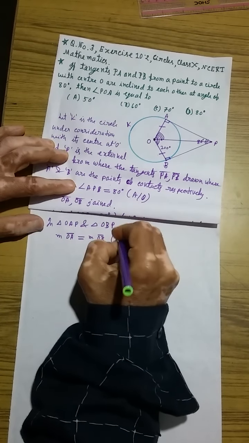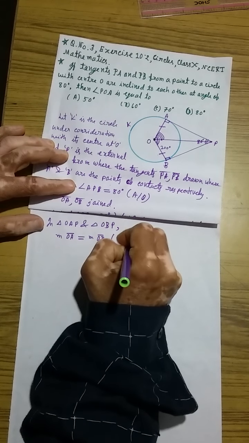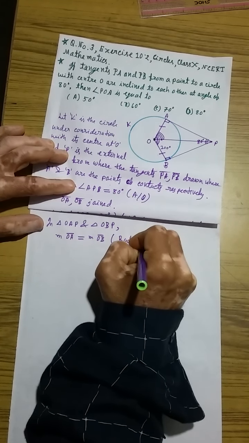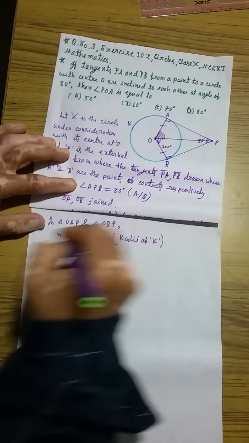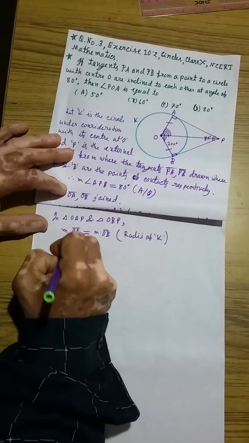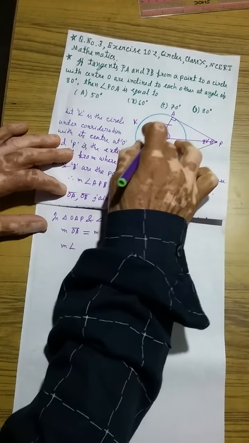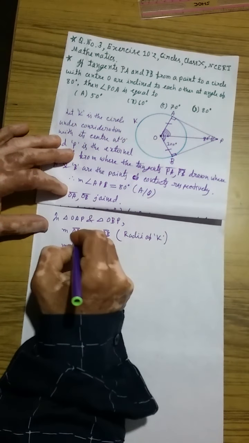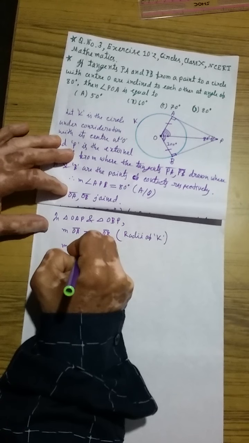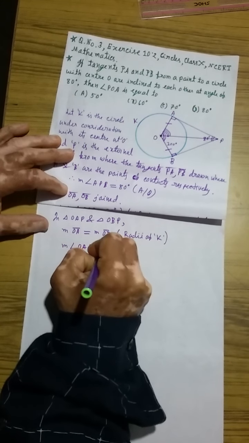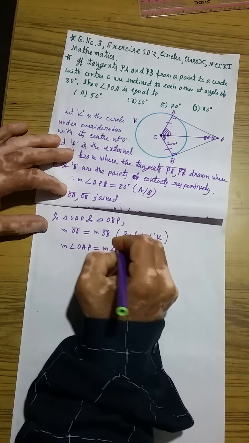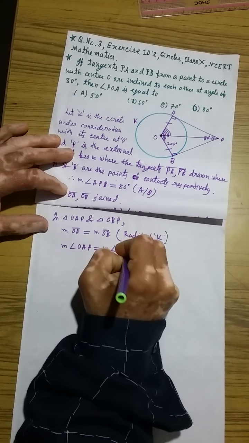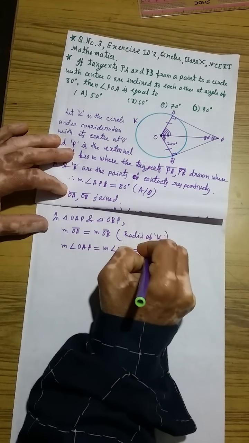Write within bracket: radii of K. Measure of the angle OAP is equal to measure of the angle OBP, equal to 90 degrees.